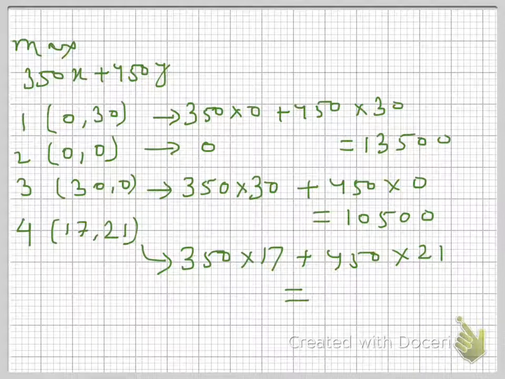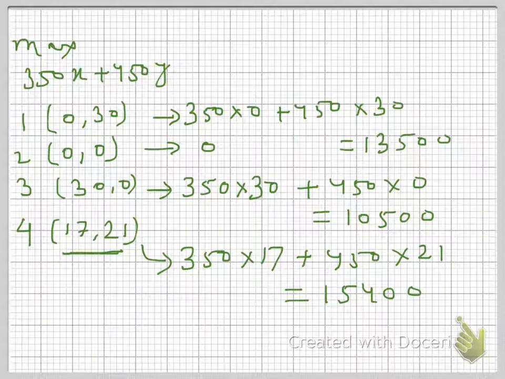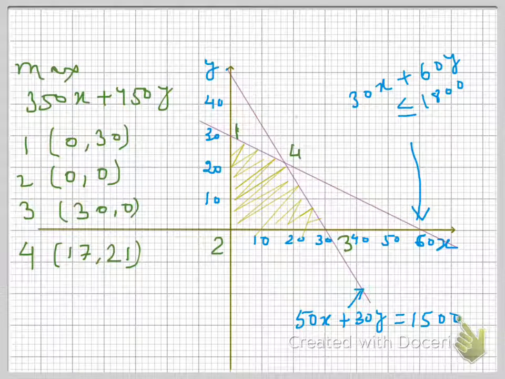When you compute this, you get 15,400. In fact, we have done some approximation here, this 17 and 21. If you look at the graph, this point is somewhat higher than 17 and 21.